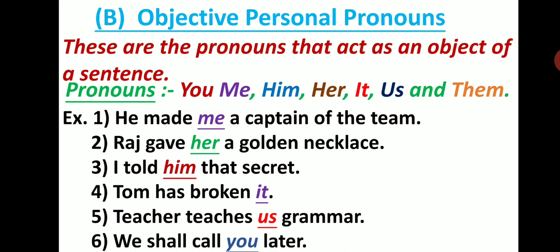In all these examples, you can observe how personal pronouns are used as an object in a sentence. In the first sentence, he made me a captain of the team, me is a personal pronoun used as an object.